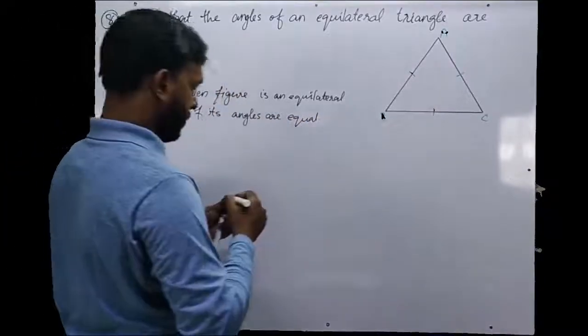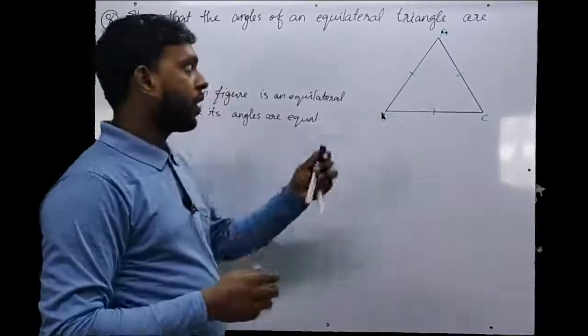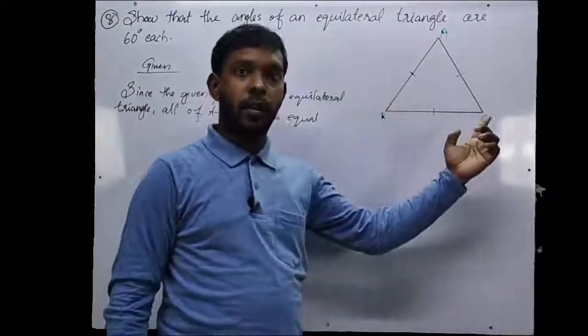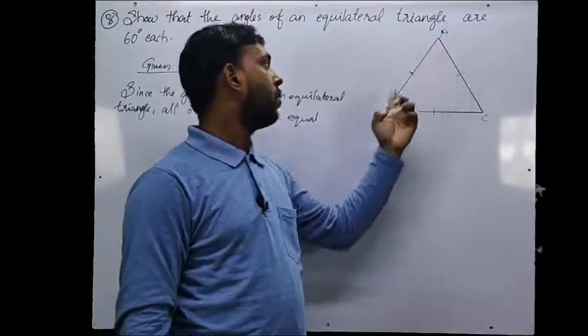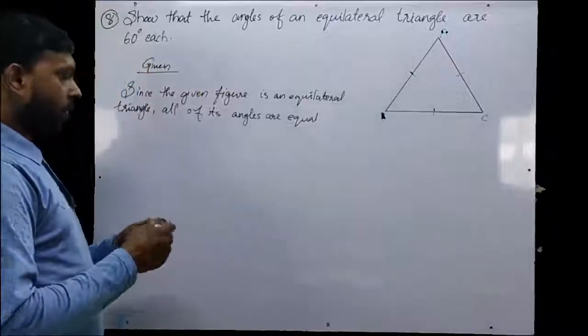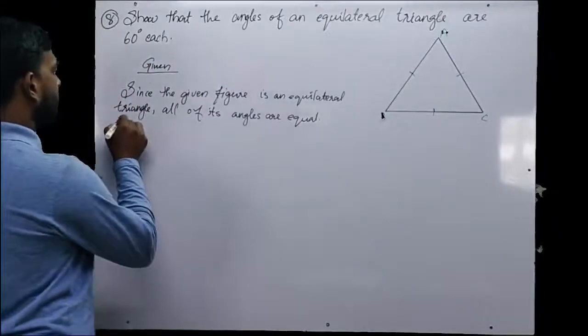Therefore, since it's an equilateral triangle, all the angles of this triangle are equal. That means angle A is equal to B, angle B is equal to C. So all the angles would be equal. Therefore, let's consider each angle.